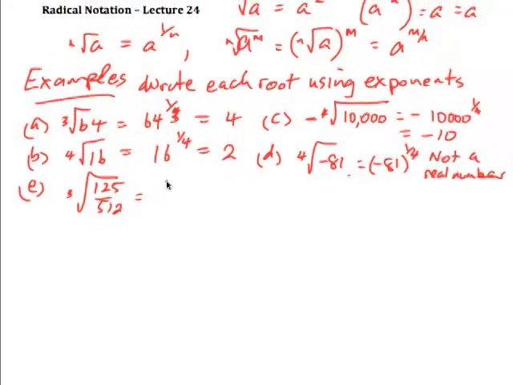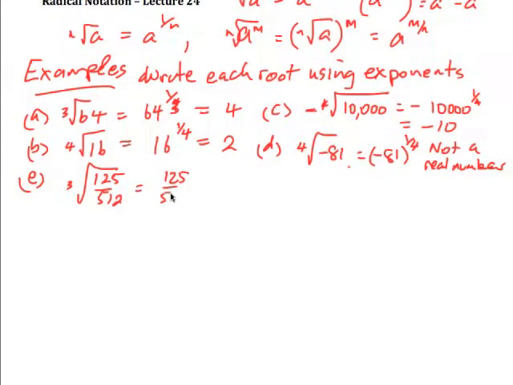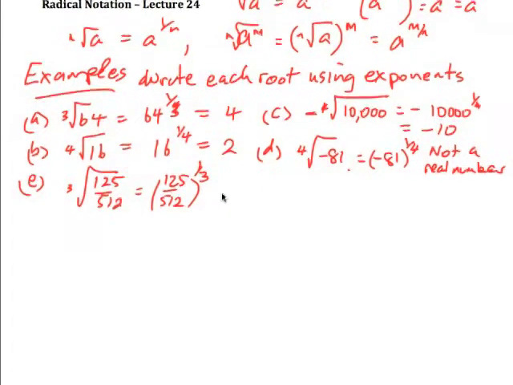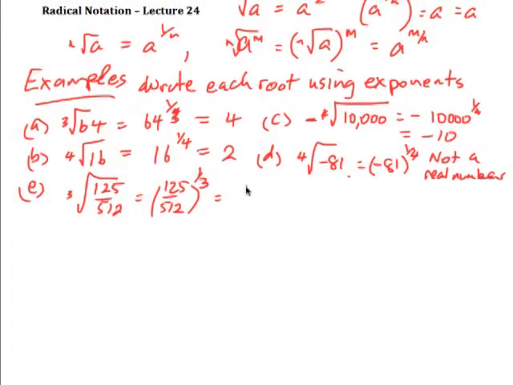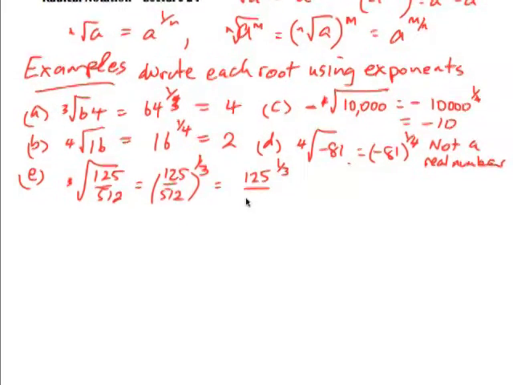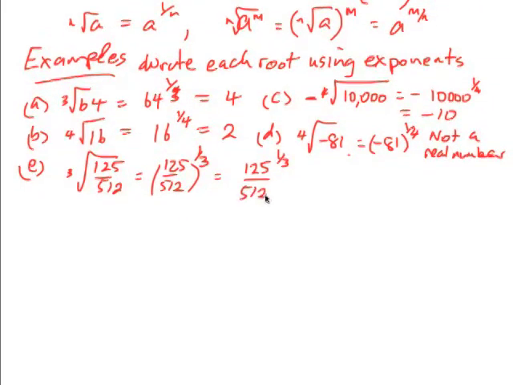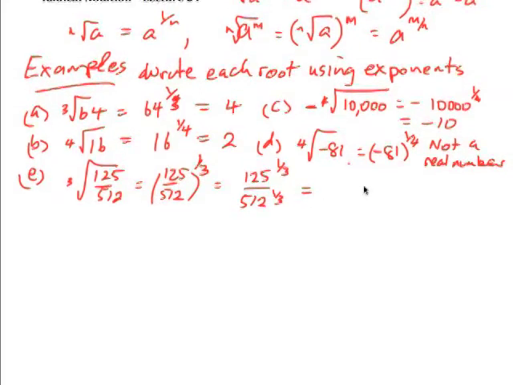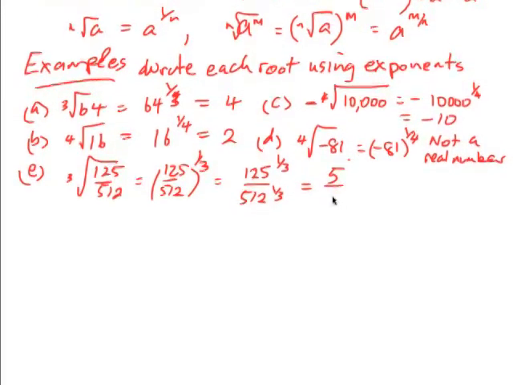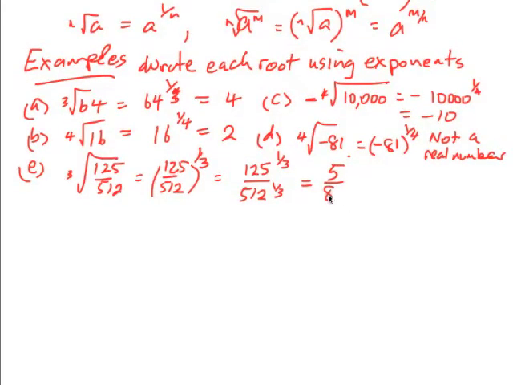Then we're looking for the third root of 125 over 512. So this will be the third root of 125 and the third root of 512. And of course this will be 5 over 8.